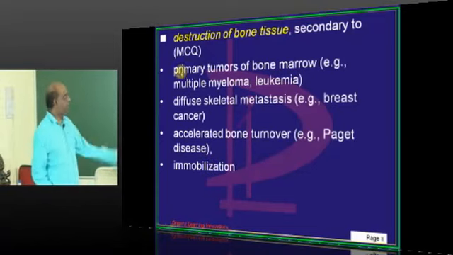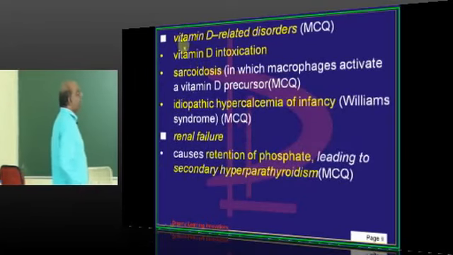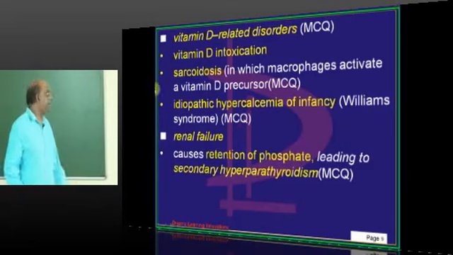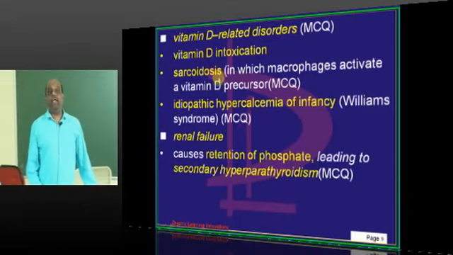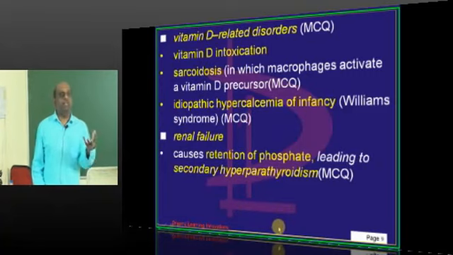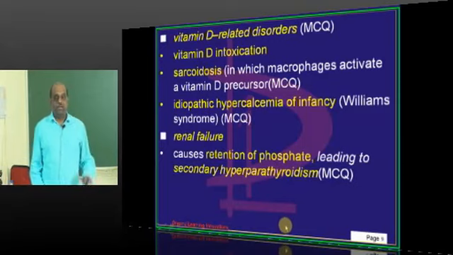Any of them can lead to the development of hypercalcemia and metastatic calcification. Any vitamin D related disorders, like vitamin D intoxication. Similarly, why in sarcoidosis is there hypercalcemia, doctor? Sarcoidosis is a granulomatous state, not an infection. Non-caseating granulomas are there. Granulomas contain macrophages.